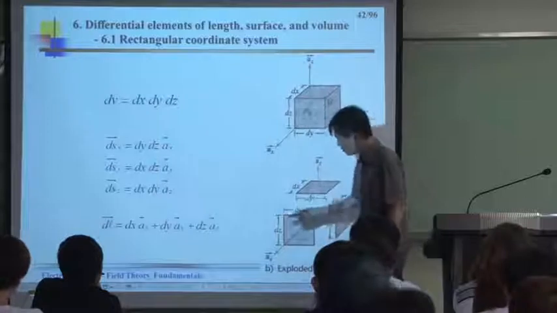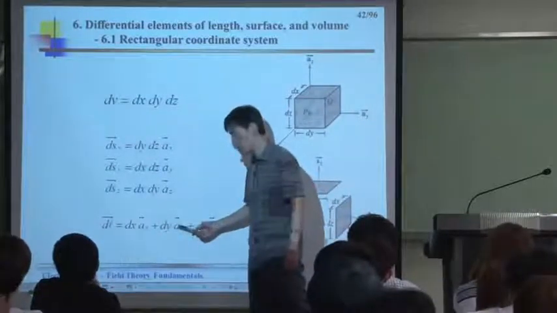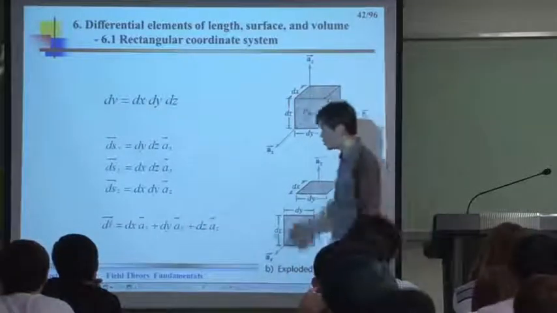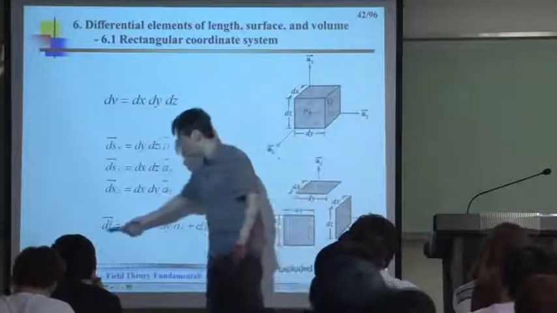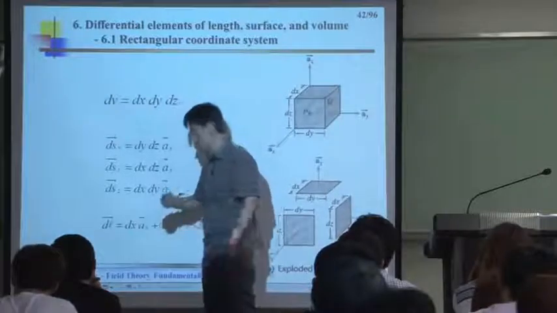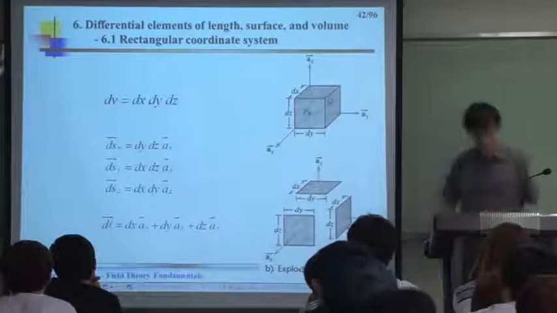So the x component has the ax direction, y component also has the y direction, and z component also has the z direction. So you can combine the x, y, z. You can get the general length component, change of the length.